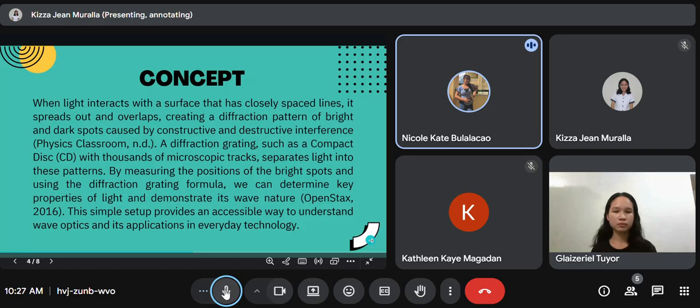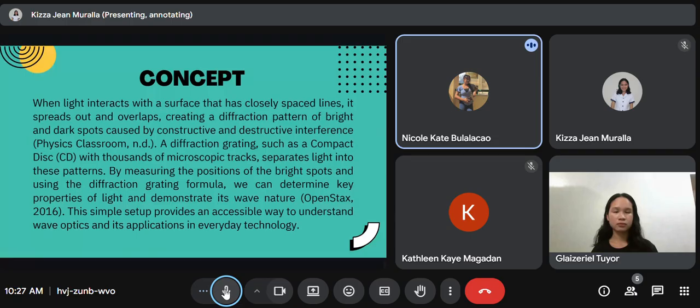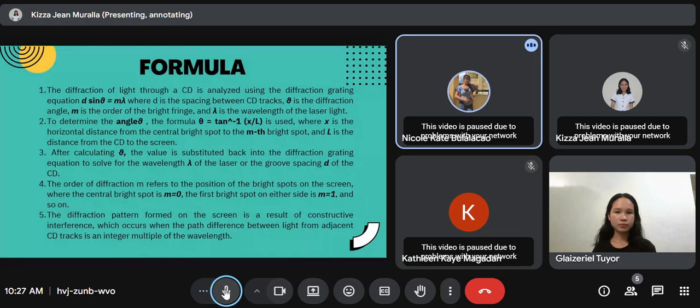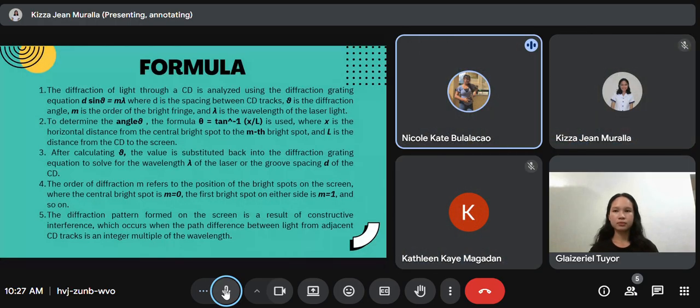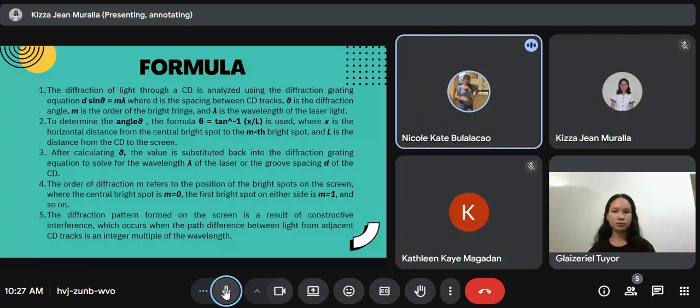To analyze the pattern, we use the diffraction grating formula, which is d sin θ = mλ, where d is the spacing between the CD tracks, θ is the diffraction angle, m is the order of the bright spot, and λ is the wavelength of the laser light.